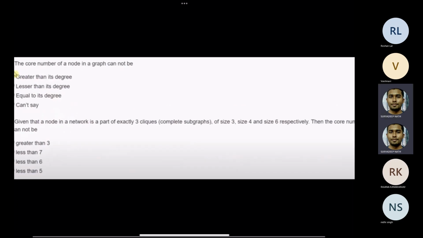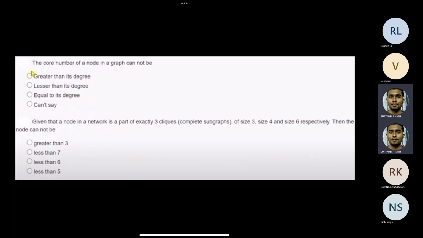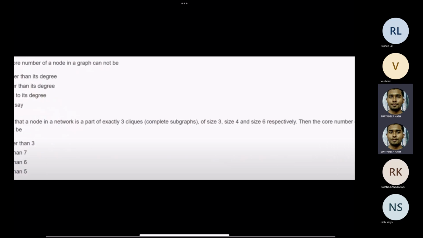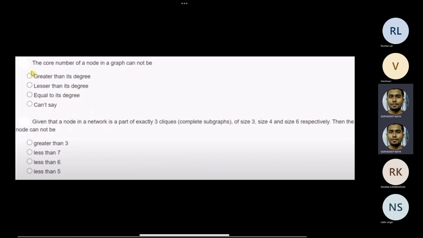It belongs to size 3, size 4, size 6. The core number of this node cannot be greater than 3, less than 7, less than 6, or less than 5.